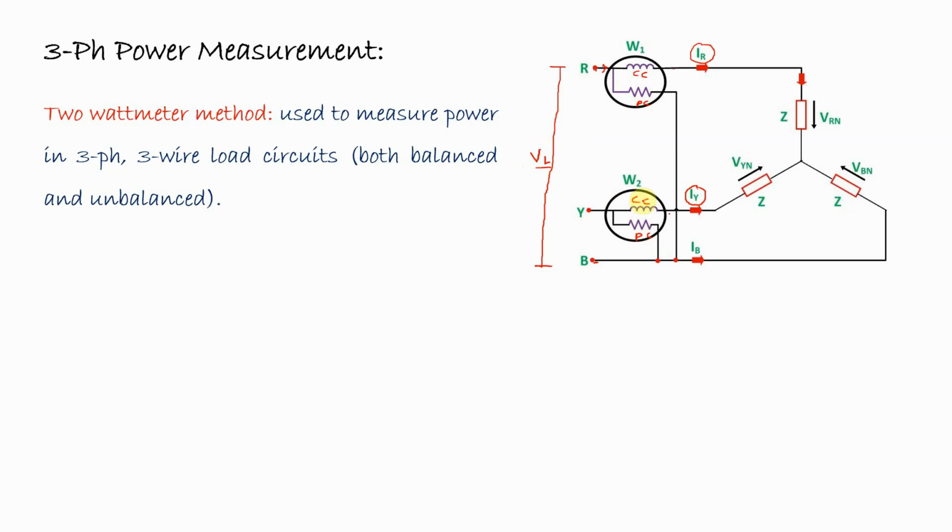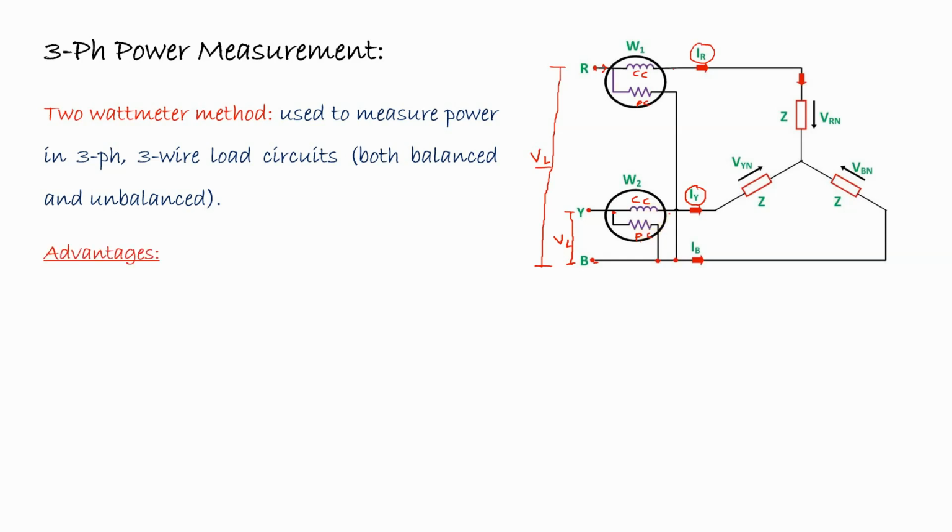Similarly, for the second wattmeter, the pressure coil is connected between Y and B, and the voltage between Y and B is again considered as the line voltage. That means here the current coil will measure the line current and the pressure coil will measure the line voltage.